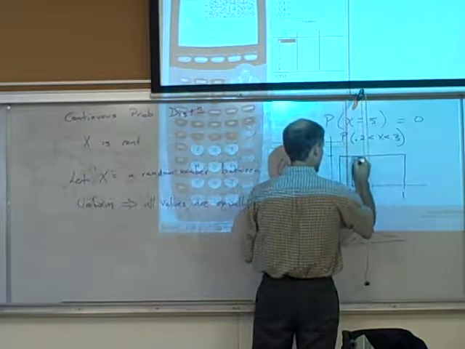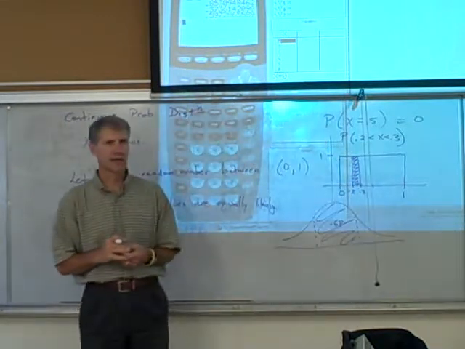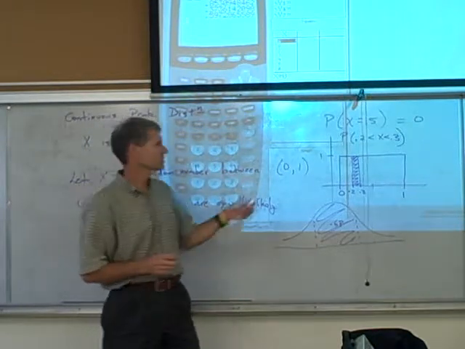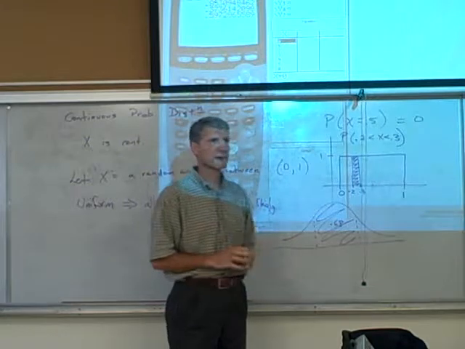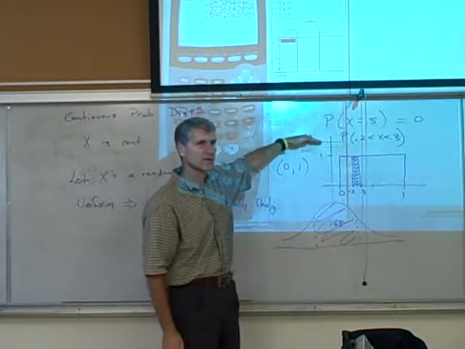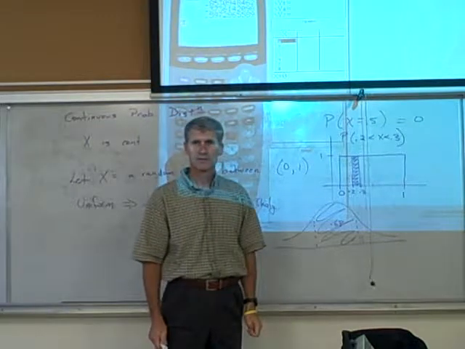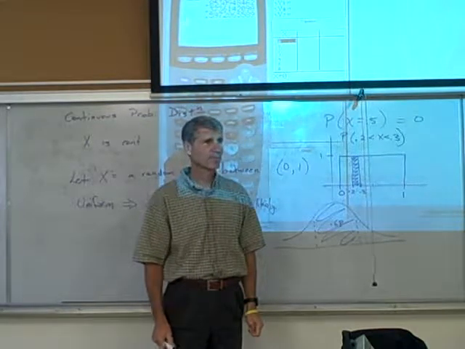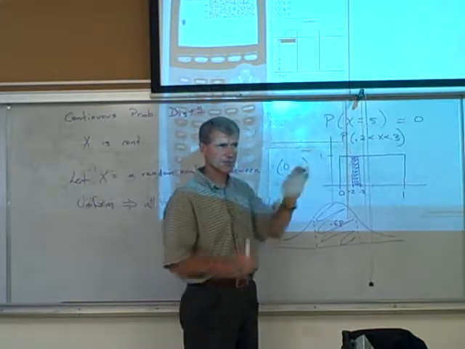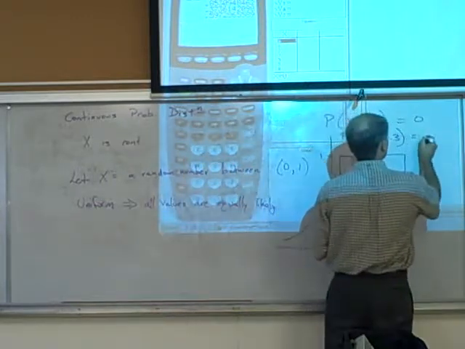I'm going to shade under the probability distribution the region that I want the probability of. And the area under a continuous distribution gives you the probability for that region. So what is this answer? What's the area of that rectangle I just shaded? 0.1. It has a width of 0.1 and a height of 1. And it's a rectangle shape. So that probability is 0.1.